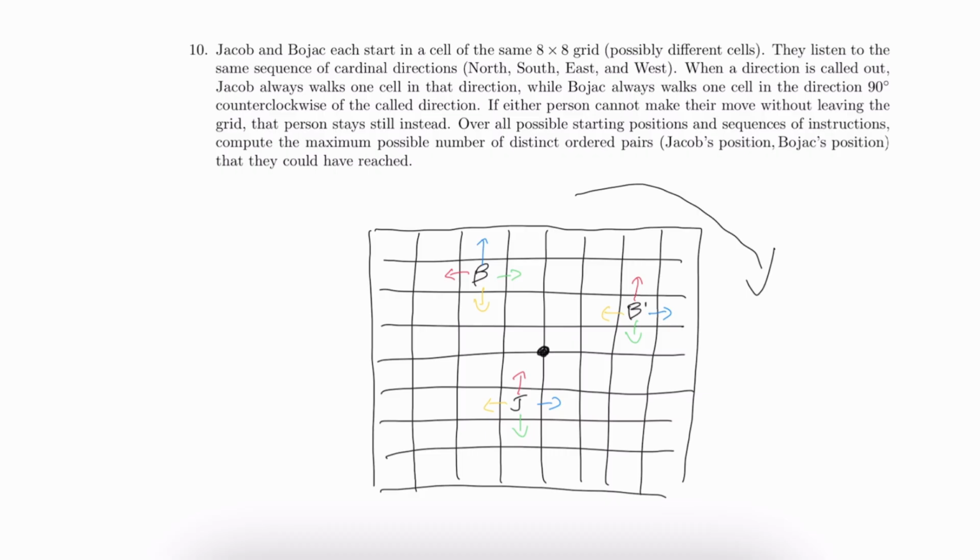Then B would have to move one direction up here, but then one more north will take him out, so he just stays there. While B prime, or I guess this would be east, if two easts were called, then B would move two directions upwards, but just stay here, while B prime would actually move two directions east, but again, he's at the edge and can't move, so he'll also stay in this cell.